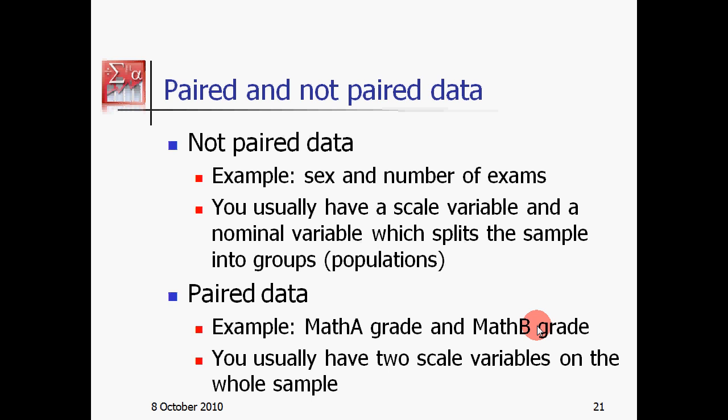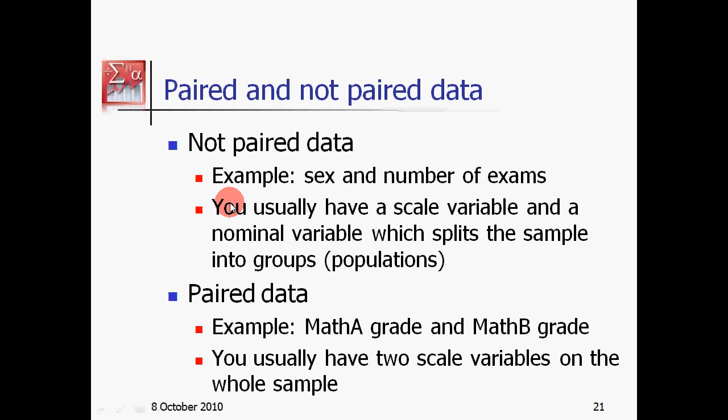In SPSS, you easily recognize this data because paired data use two different variables, and there is one value for each person in each variable, so a total of two values for each person. Not paired data use instead one numerical variable and one nominal variable.